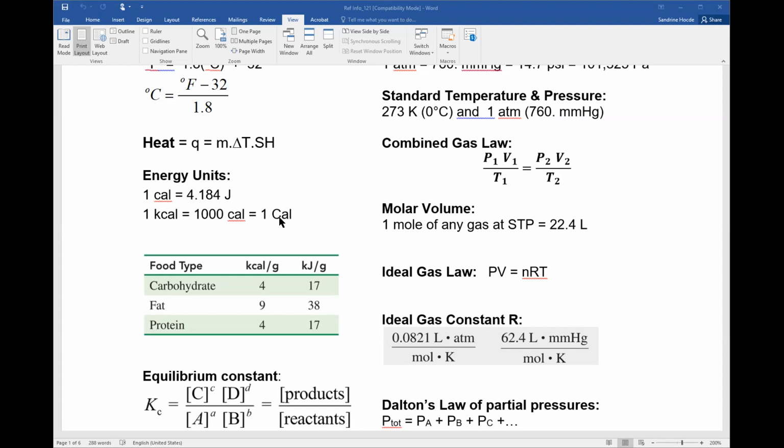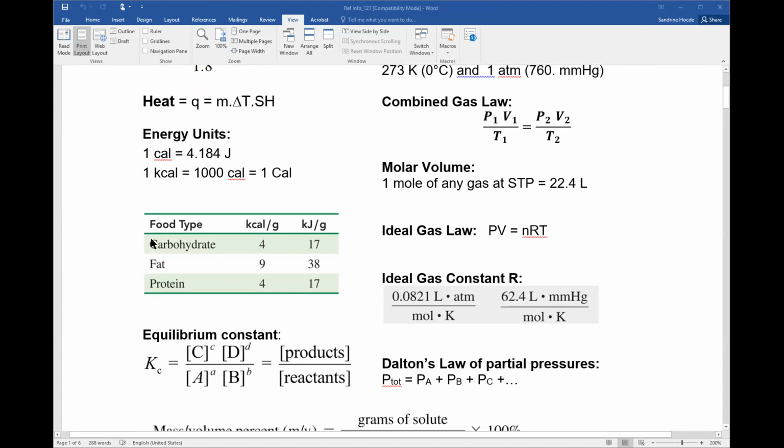And then remember how there is a different calorie with a capital C, and this is called a nutritional calorie. And 1 nutritional calorie is equal to 1,000 lowercase c calories. So of course, nutritional calories are used in nutrition, or to calculate energy of food.